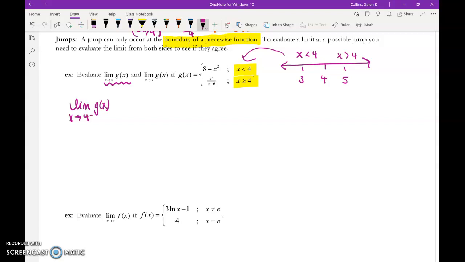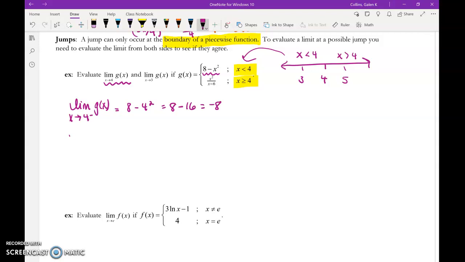So not negative 4, but we put the negative symbol after the 4 to indicate from the left. And again, I'm going to just start by plugging 4 into this expression, 8 minus x squared. So this becomes 8 minus 4 squared, which is, of course, 8 minus 16, which is negative 8.